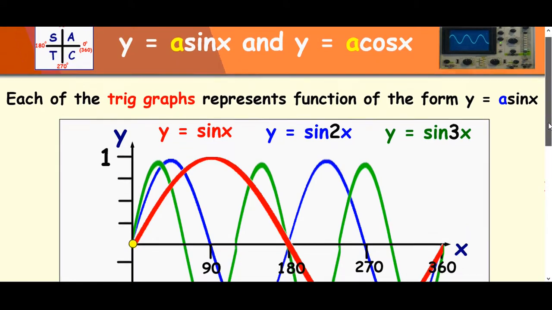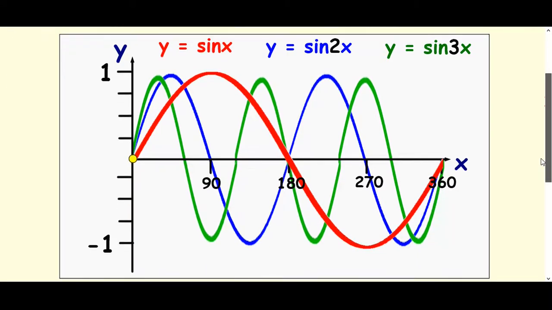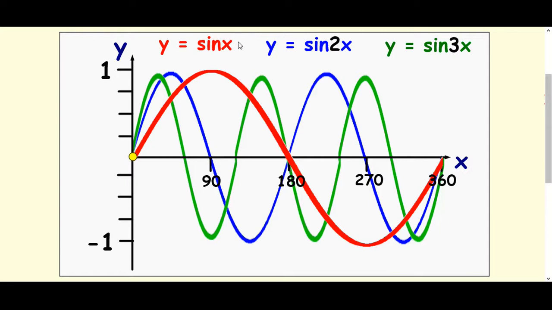Here's a mix of different things. I've put the sine wave, sine 2x, and sine 3x all on the same graph so you can see what's happening. The normal sine wave starts at 0, goes through 180 and finishes at 360. Sine 2x, which we just explored, is the blue graph. It finishes at 180 for one wave, and then continues to 360 for the second wave.